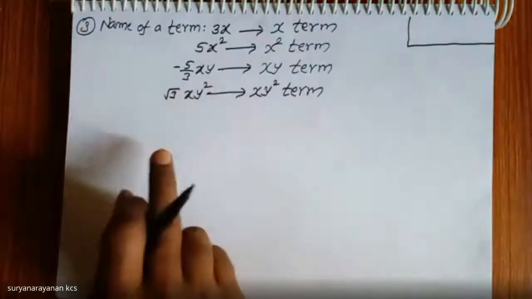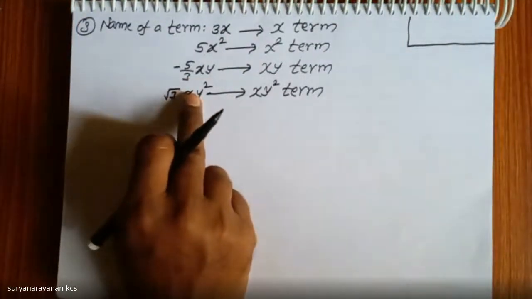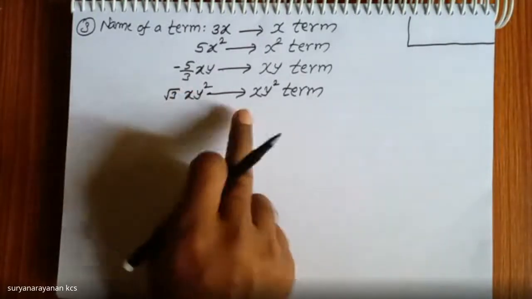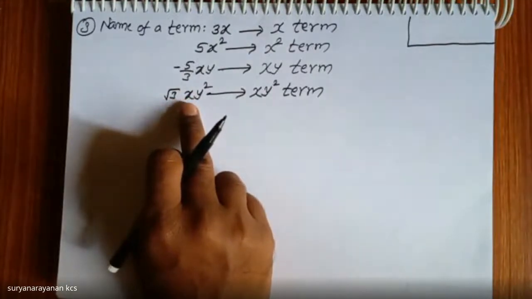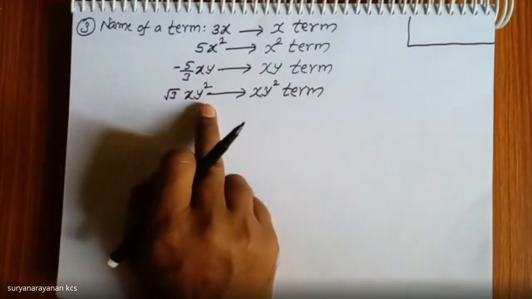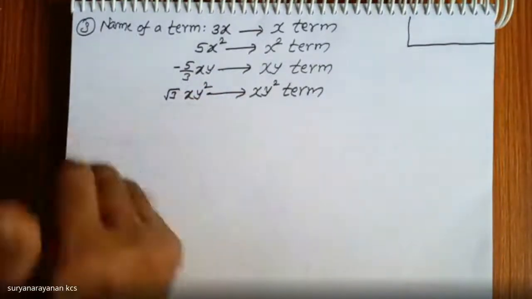You have to tell that one. That is why I am repeating these points again and again. Okay, my children. What is this term called? XY square term. So how to call a term? Okay, my children, you should learn this point. Next point.